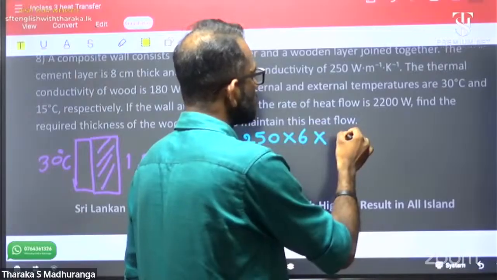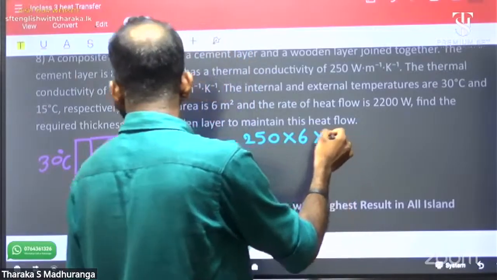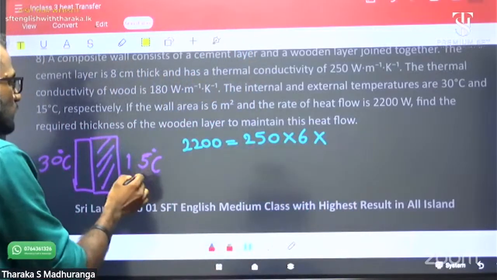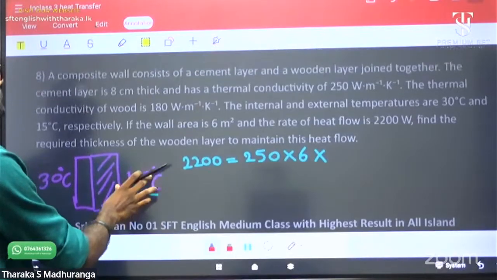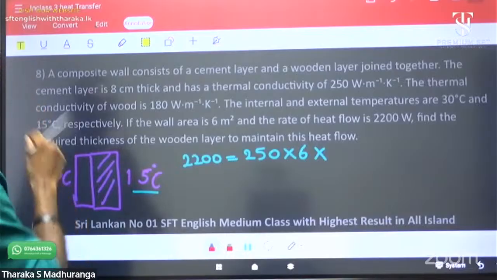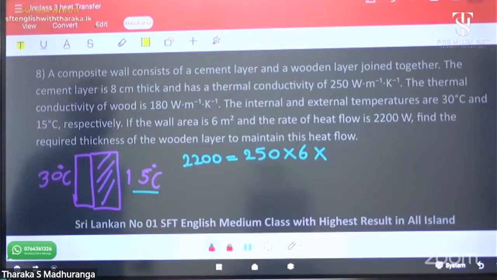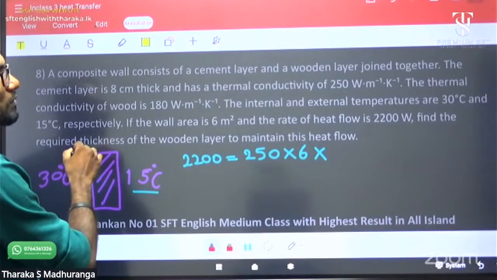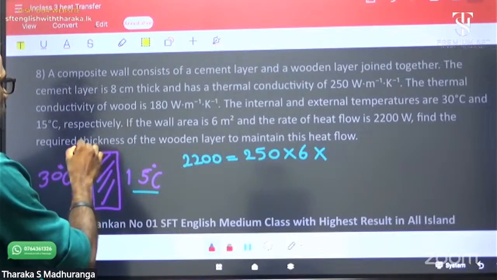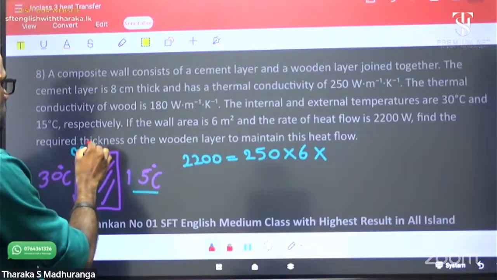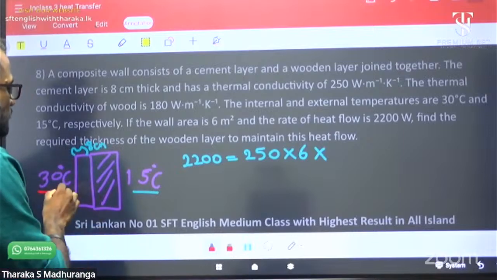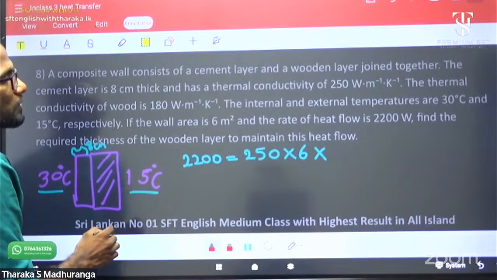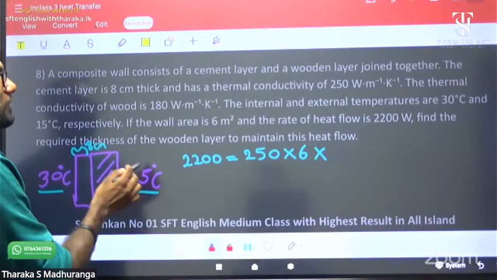And temperature difference, now this is the cement layer, 8 centimeter, and it is 30 and 15, internal and external.